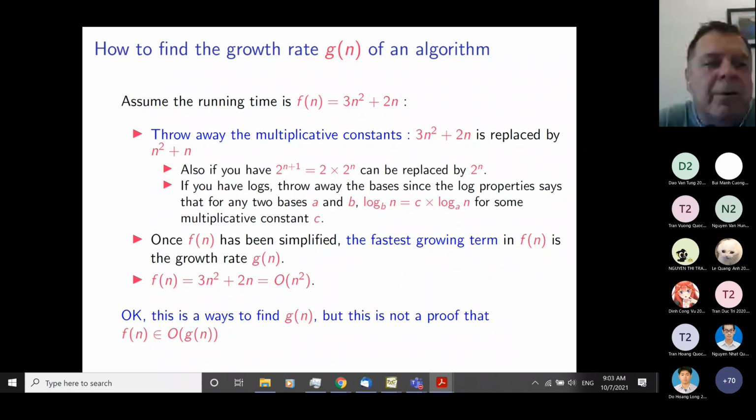And if the log in the running time of the algorithm is not in base 2, we don't care. We can still write the bounding function, the Gn function, in base 2, knowing that there exists some constant that can be multiplied in front to get to base 10, for example. So log in base 2 is equal to log in base 10 if we multiply by some constant c.